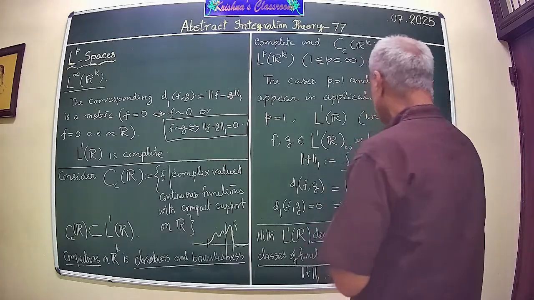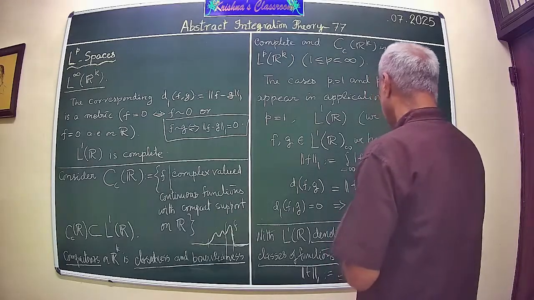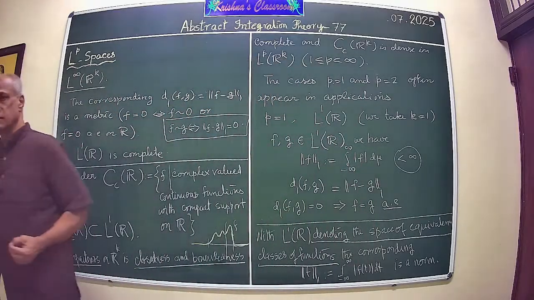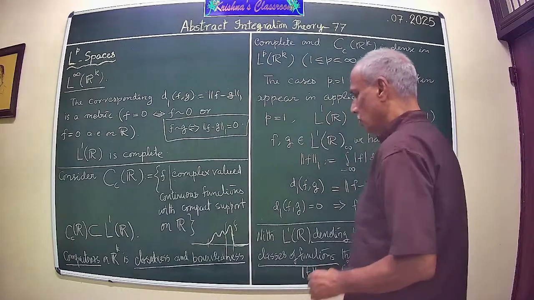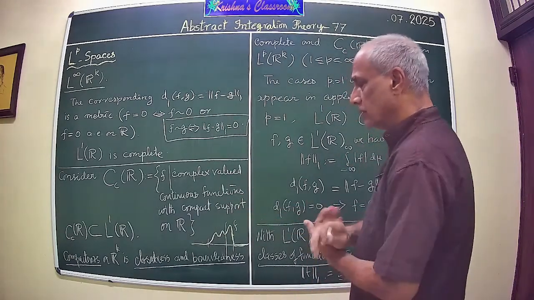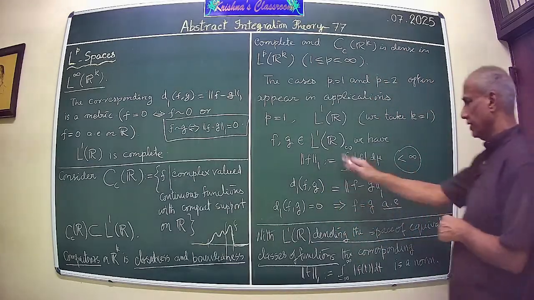Therefore, there exists an M such that mod f is less than or equal to M, where M is finite, and therefore this integral is always finite. So this is well defined. So on C_c(R^k), because of the compactness, and we are considering only functions in C_c(R), this is well defined. So there is no problem.